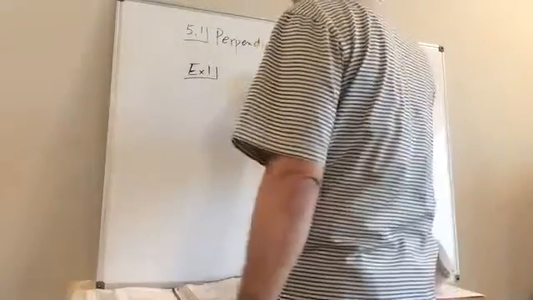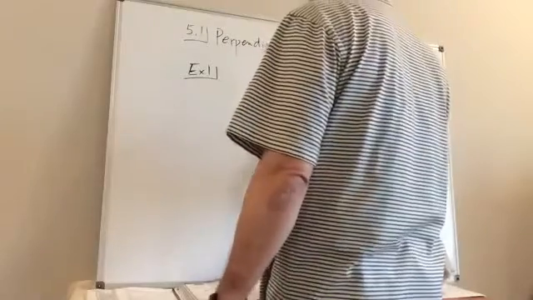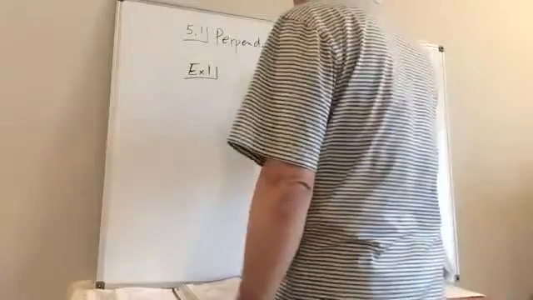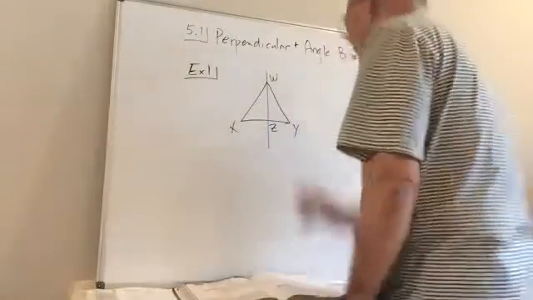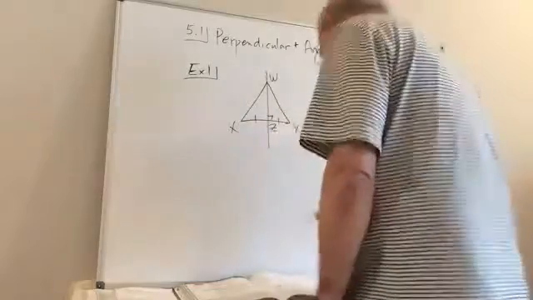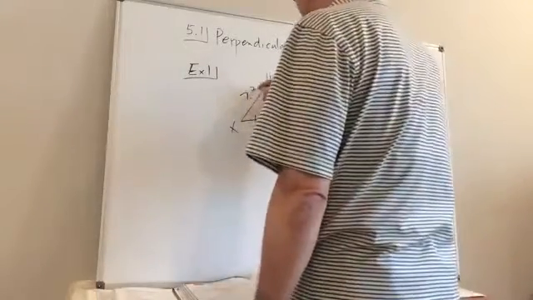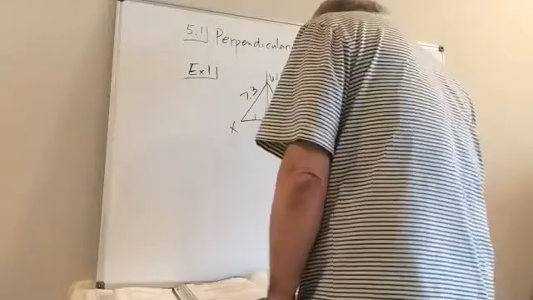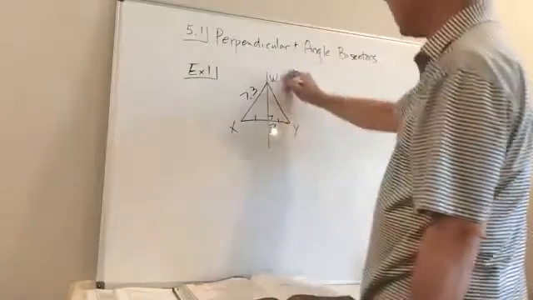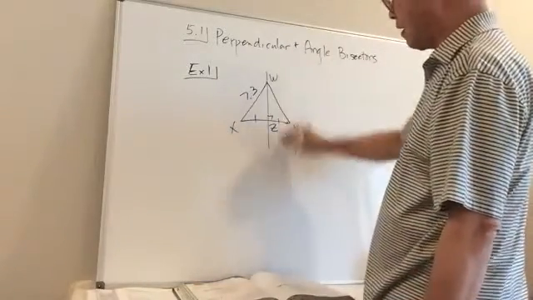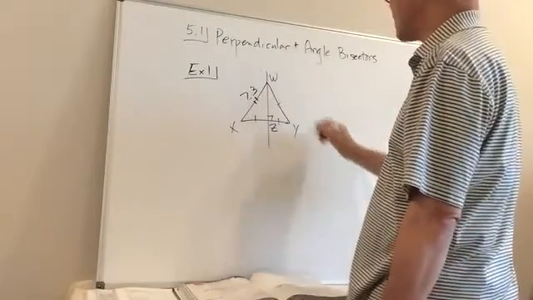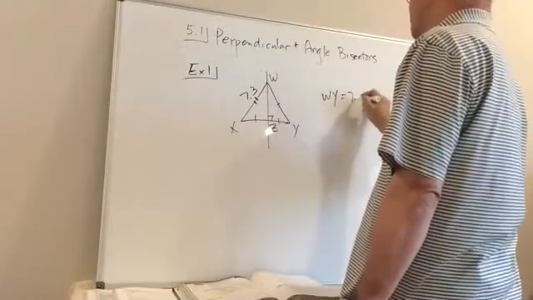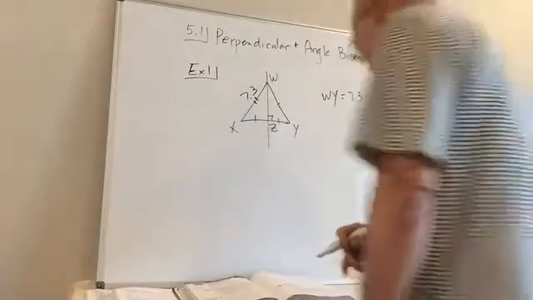We have a figure like this, and we have W, X, Y, Z. This is 7.3, find YW. Since it's on the perpendicular bisector, this distance here and this distance have to be the same, therefore WY is going to be 7.3, and that's simple enough.